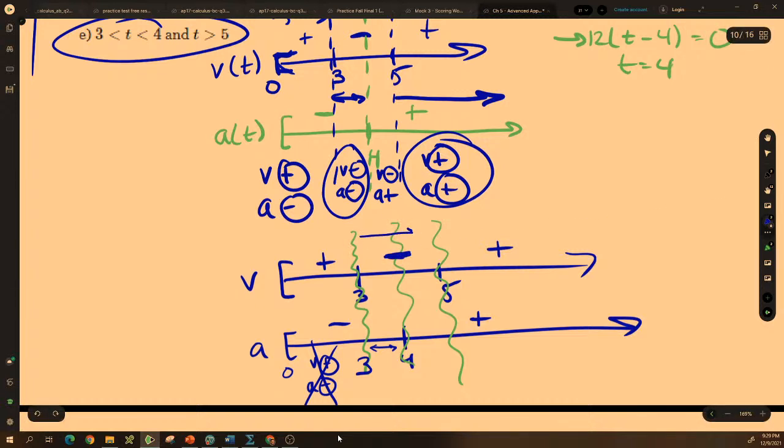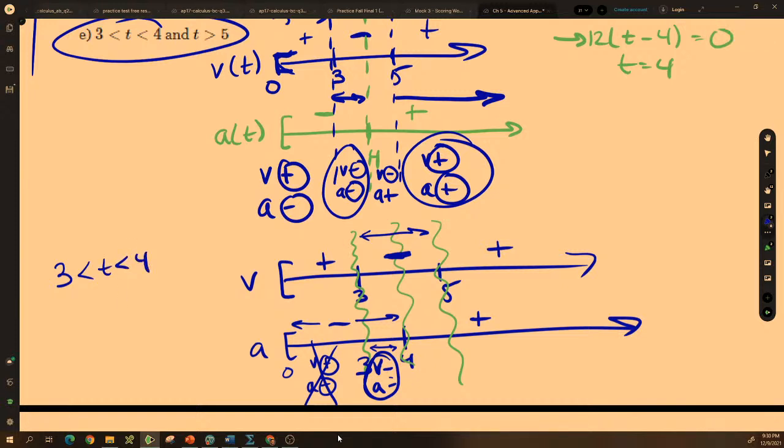So in this section, the velocity will also be negative. The acceleration is still negative, right? This negative goes to 4. So my velocity is negative, my acceleration is negative. They're both negative. That's going to work. So 3 to 4 works.